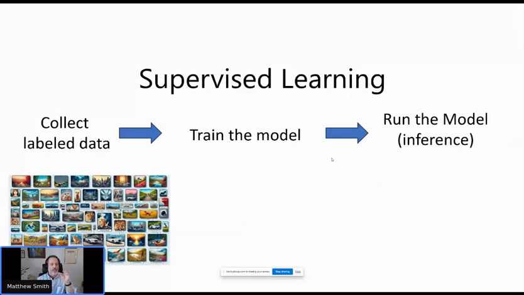So if you have a lion, you need to have a label saying, okay, in this picture is a lion, or in this picture is a car. You would then take that data, which is that input and output data. The input data are the pictures, and the correct output is what the label is, right? And you train the model.